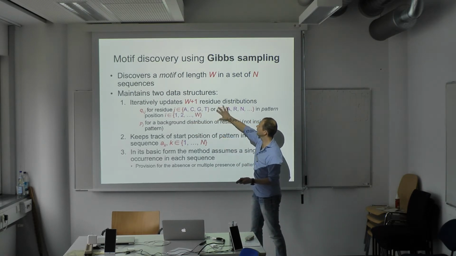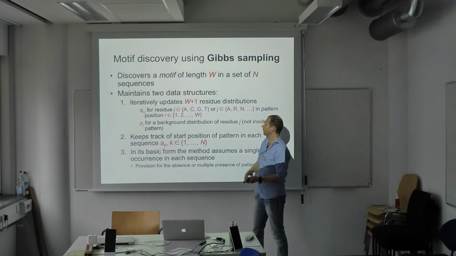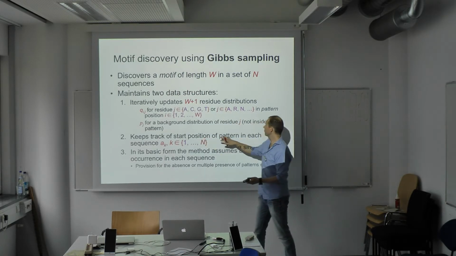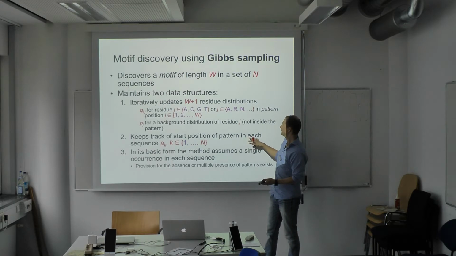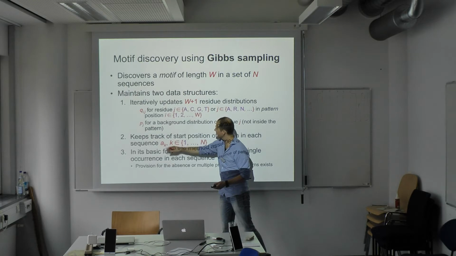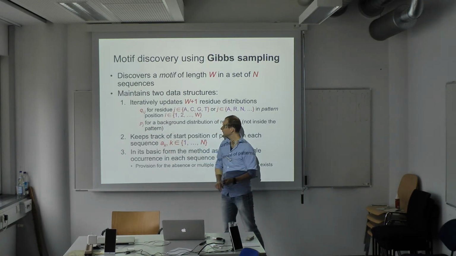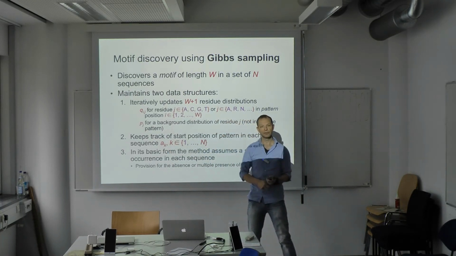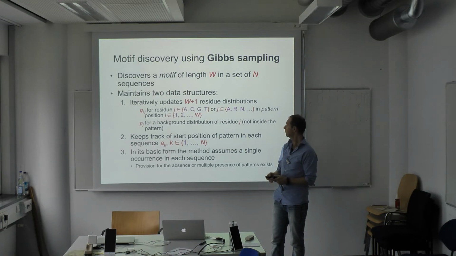So those are the two things that our profile consists of. Then we're going to have our labels, and these are the start positions of the pattern in each of the sequences, and I'll be referring to them as A. And K here is an index for the specific sequence that we're looking at.